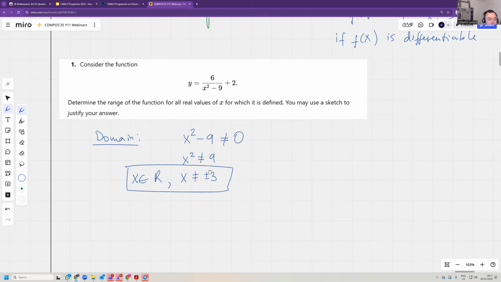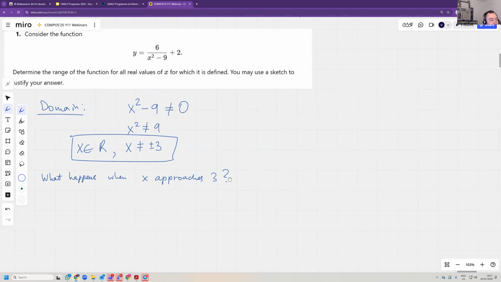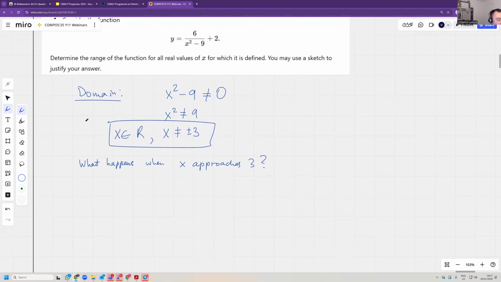Okay. So what happens when x approaches 3? If you start thinking about it, let's say x is 3.1.